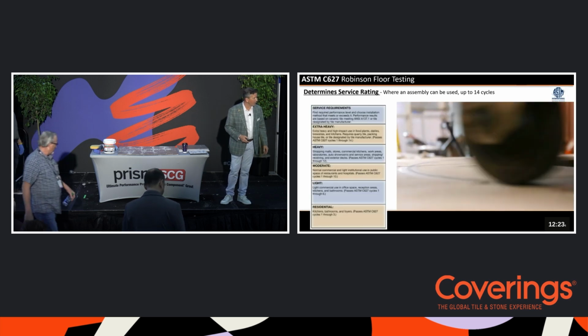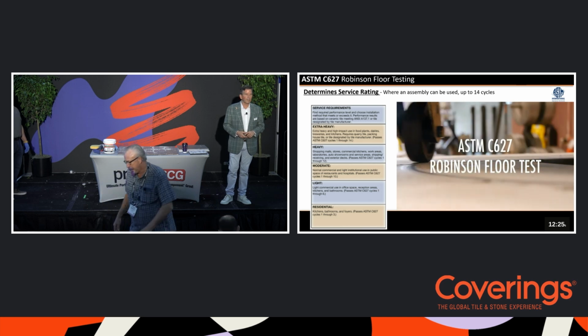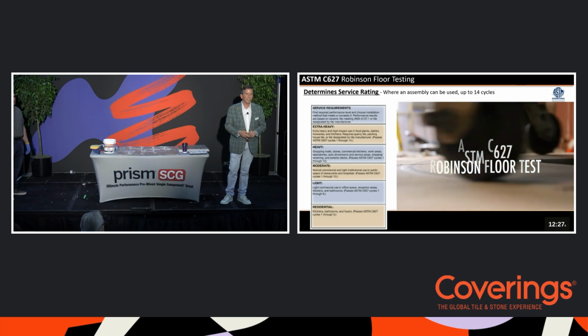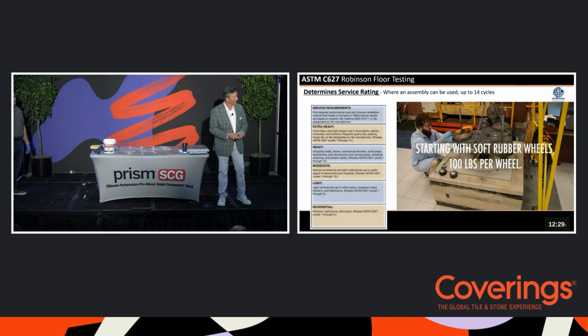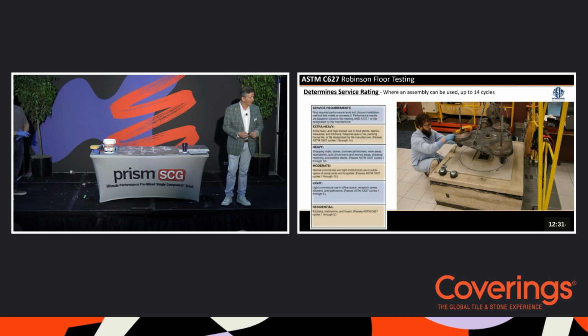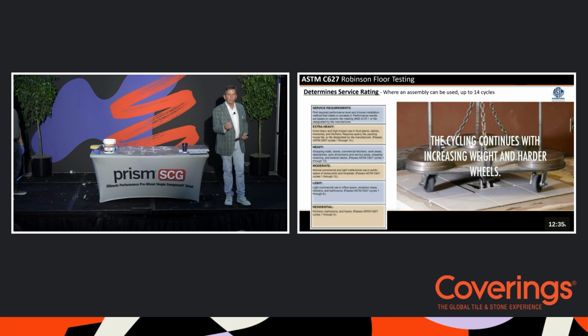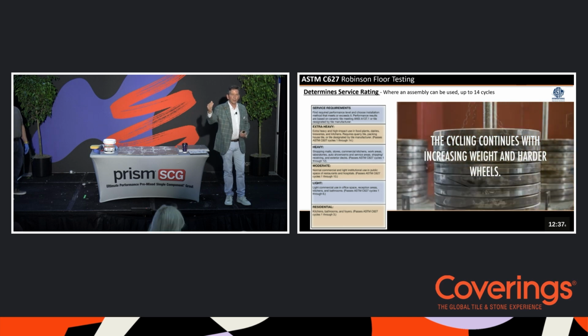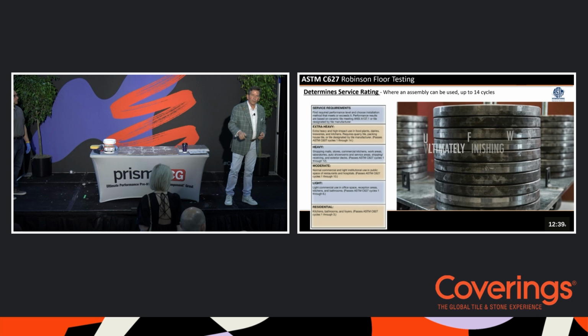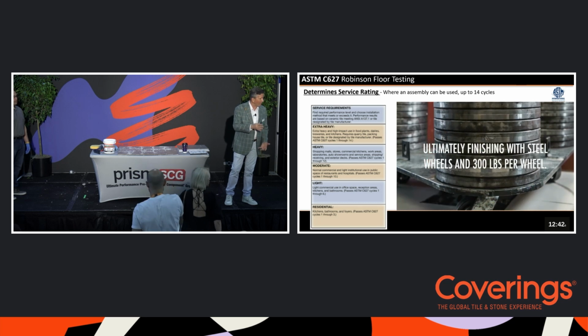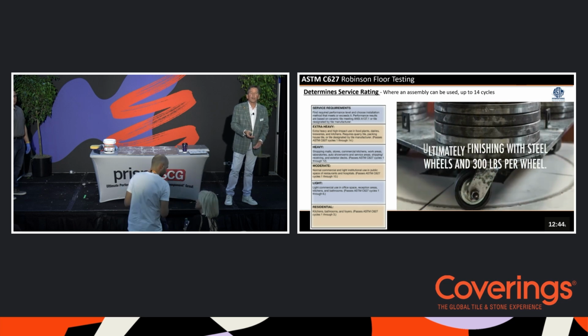So how do we know which grout goes where, which tile goes where? Well, we use the ASTM C627 Robinson floor testing machine. It has multiple cycles, and as it progresses from one cycle, the wheels move up in rigidity, ultimately into steel, and we have a numerous amount of cycles, and they have weight loads, as you can see, that go over it, which also increase.